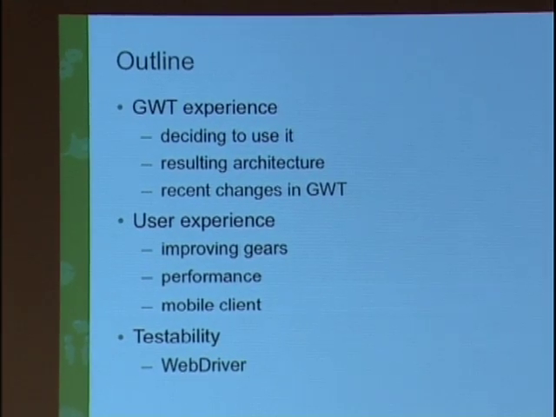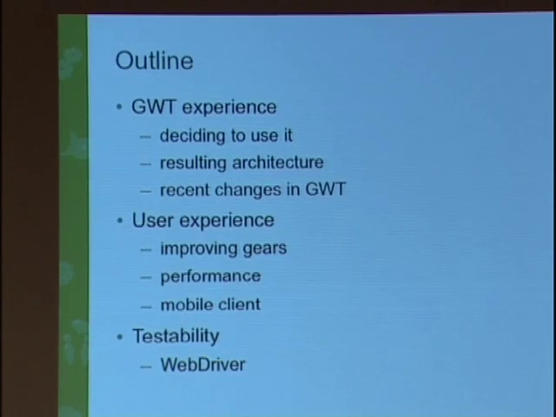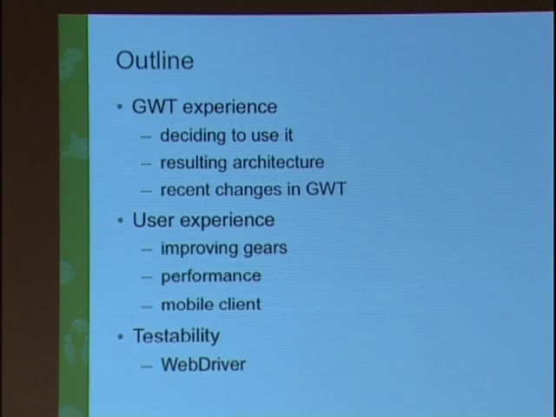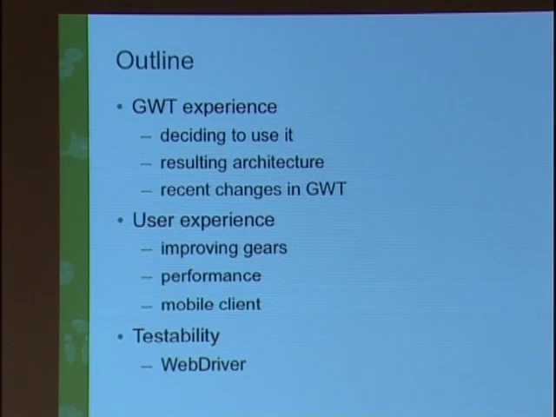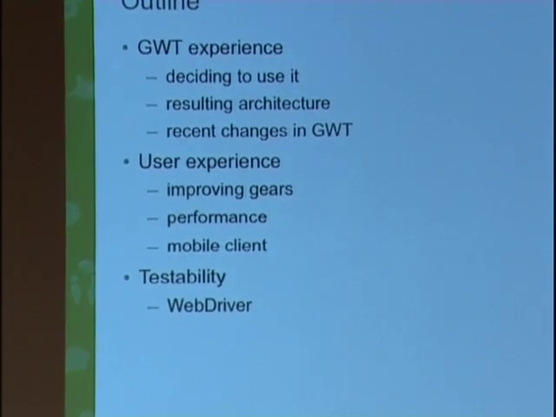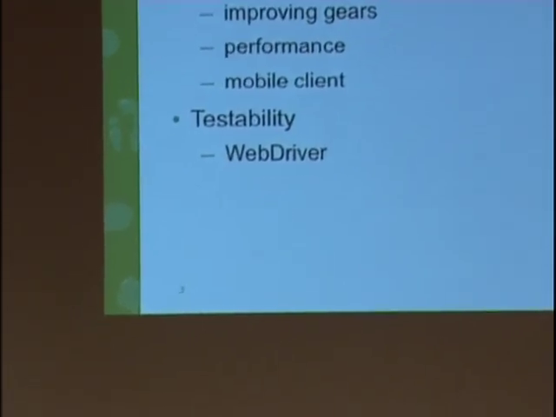Towards the end of the talk, I'll touch on some other changes and efforts we made to give the best user experience that we could provide: improvements made to Gears, plus some performance tweaks, as well as talking about our mobile effort. And finally, I'll talk about our approach to testing, including a tool called Webdriver.